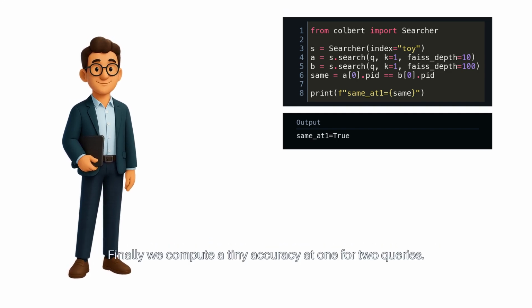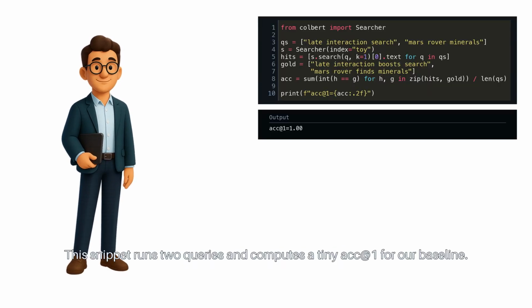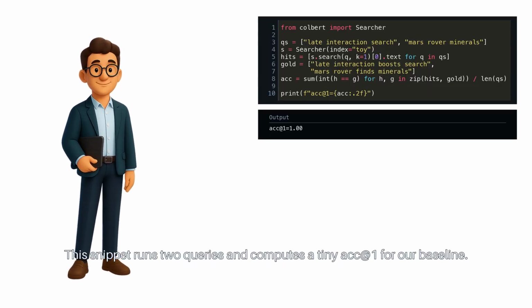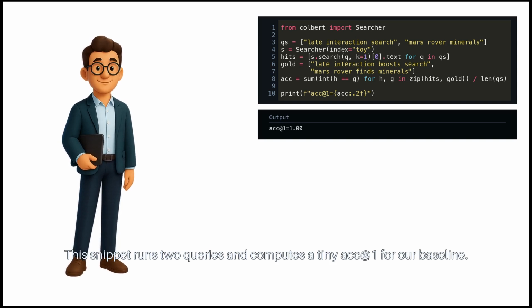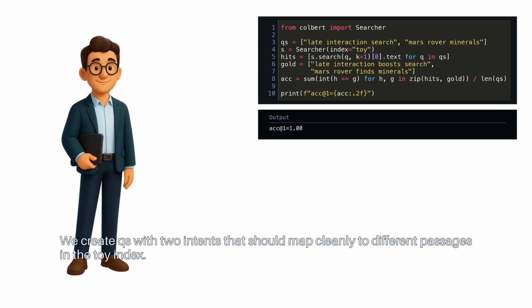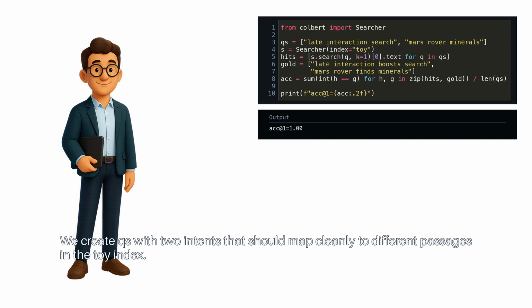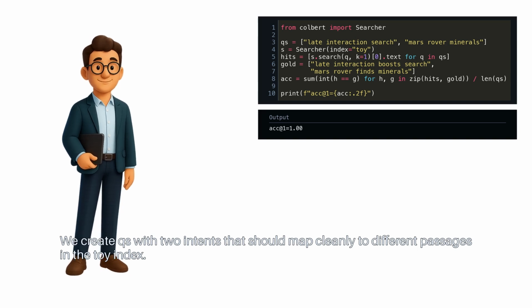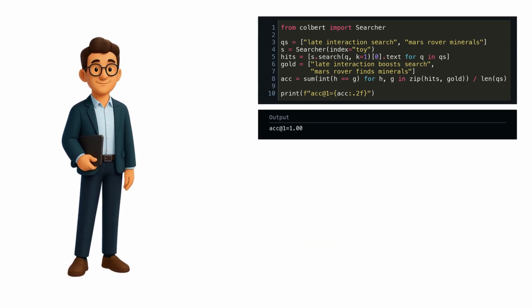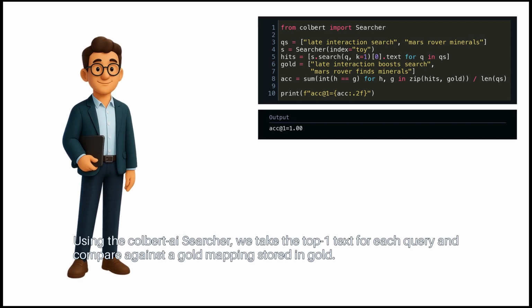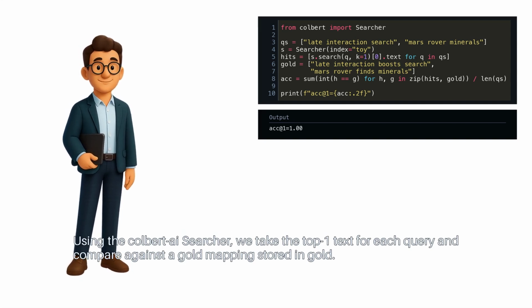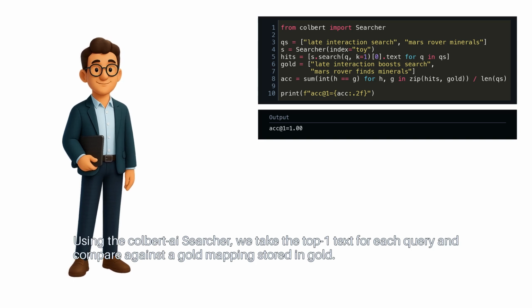Finally, we compute a tiny accuracy at 1 for 2 queries. This snippet runs 2 queries and computes a tiny ACC at 1 for our baseline. We create queries with 2 intents that should map cleanly to different passages in the toy index. Using the colbert-ai searcher, we take the top 1 text for each query and compare against a gold mapping stored in gold.